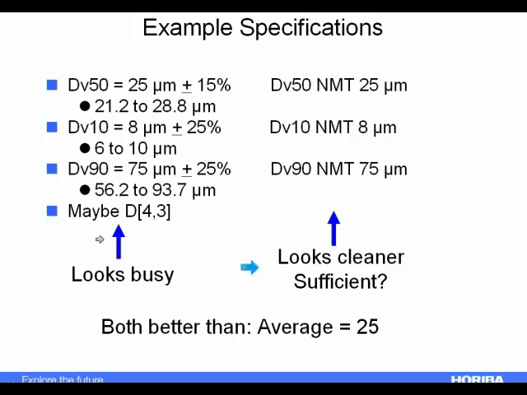Which way do you go? It really should be driven by how important is particle size to the performance of your product. But any of these specifications look better than something like we saw at the beginning, crystal size equals 0.25. So both of these look better than that, but 2 different routes to go to actually look at setting and perhaps communicating the specification.